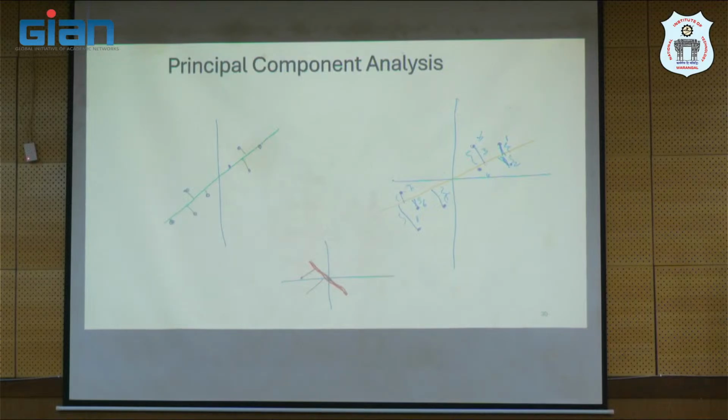In linear algebra, we have something called a covariance matrix. And there is something called eigenvectors and eigenvalues of a matrix. So what happens is, given a data set, if x is a feature vector, and x1, x2, x3 are different features, and you have multiple rows, you can actually form a covariance matrix for the given data set.